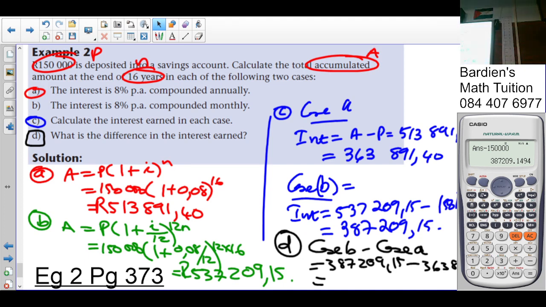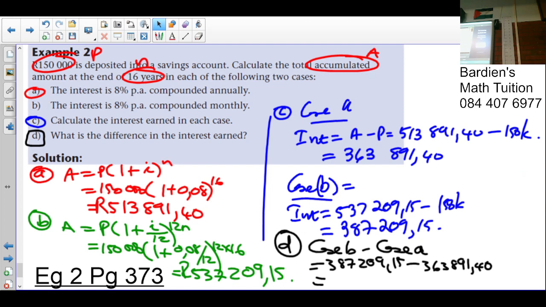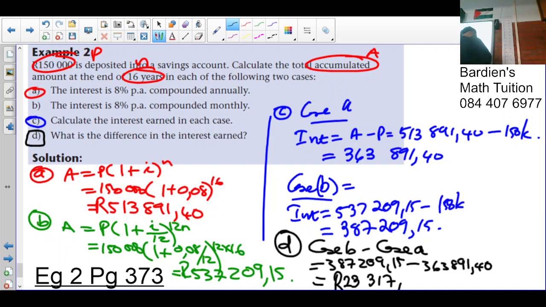So that gives us the first amount minus 363,891.40, which gives you 23,317 rand and 75 cents.